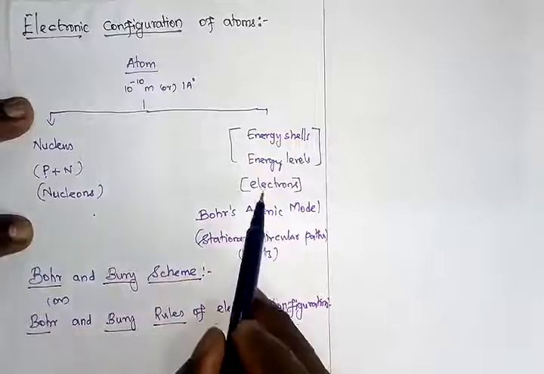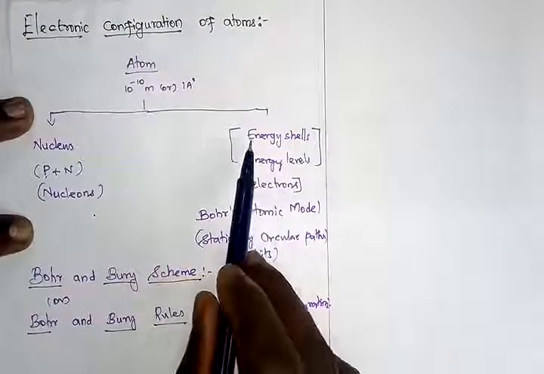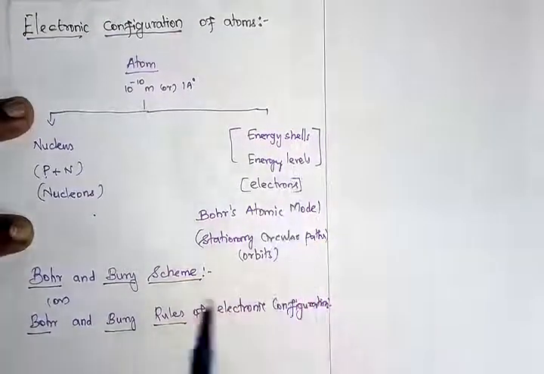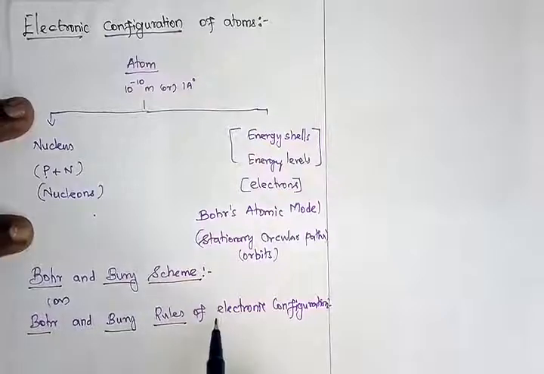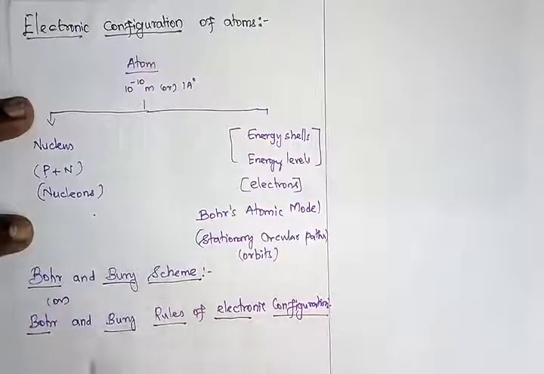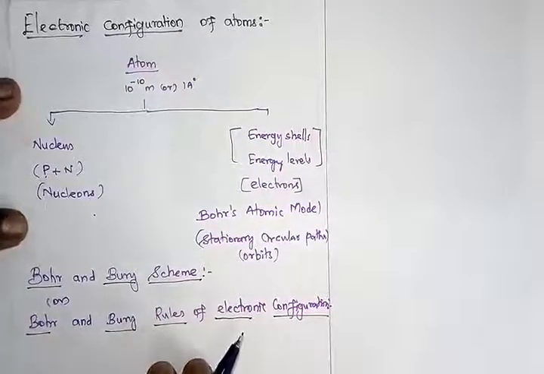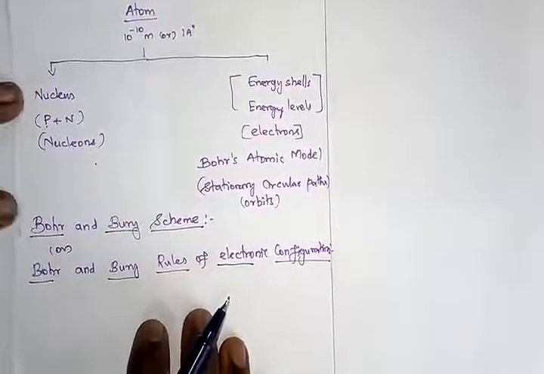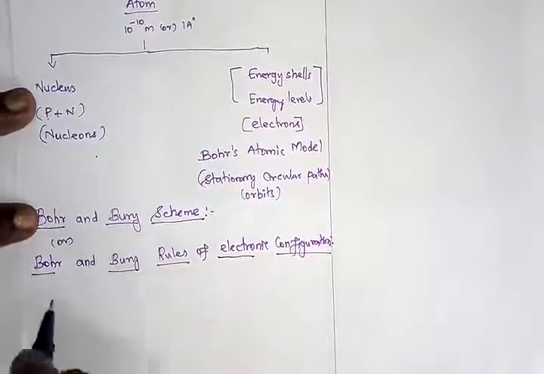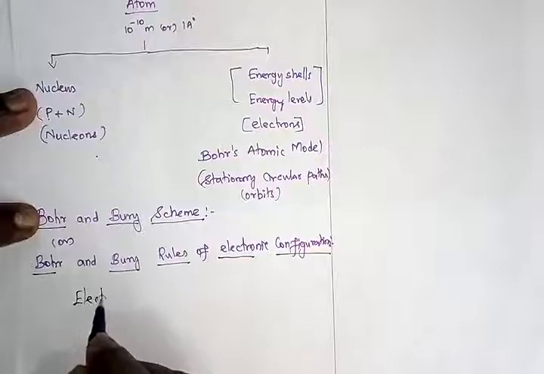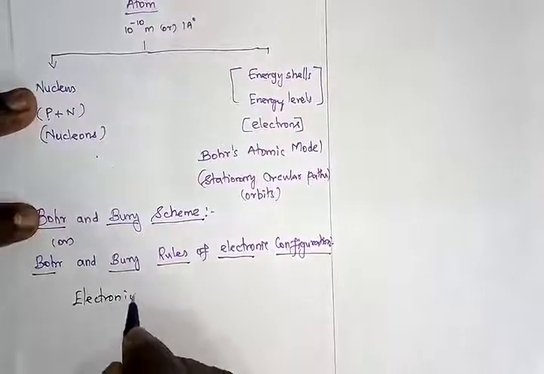We know that electrons are revolving in the energy shells or energy levels. Now, what is the meaning of electronic configuration? That is the first idea.